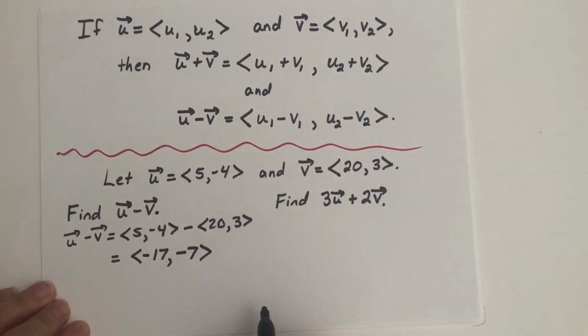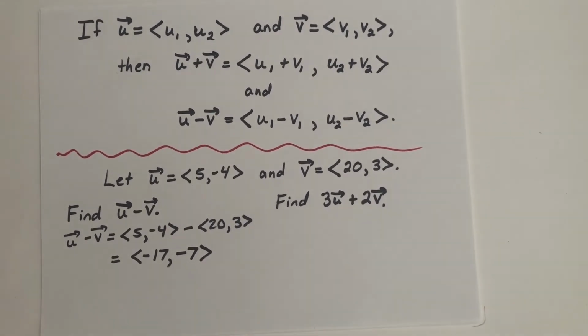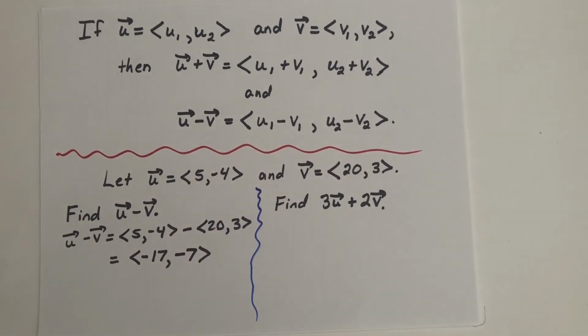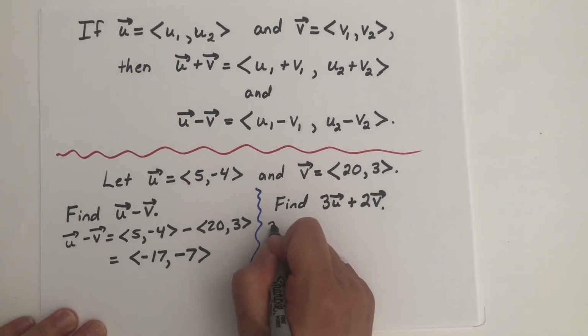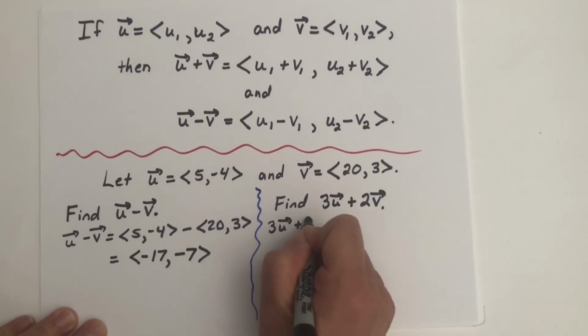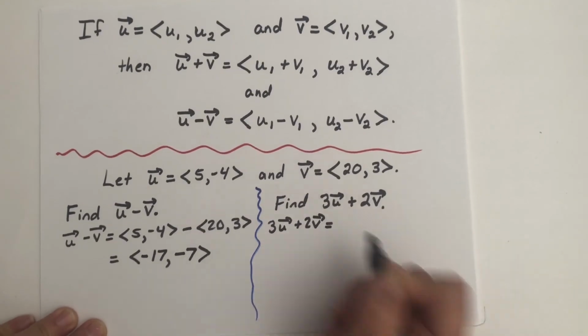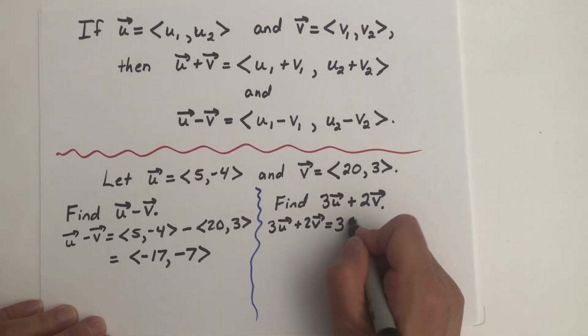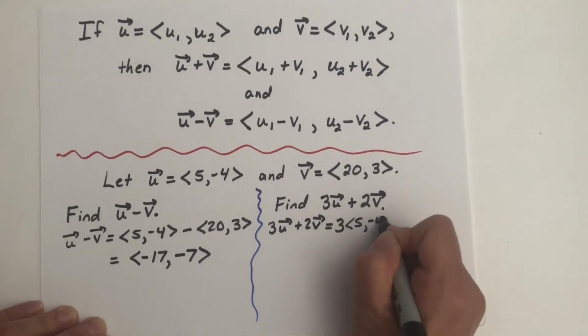Let's do this one. Let me put a little space here so they don't run together. I'm looking for 3u plus 2v. So I have some scalar multiplication to take care of first. I have 3 times 5, negative 4.